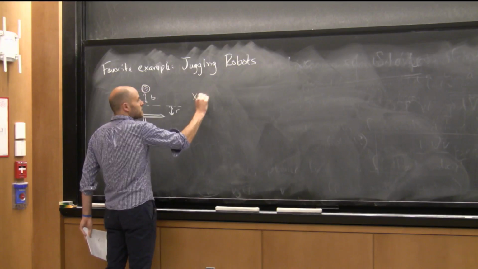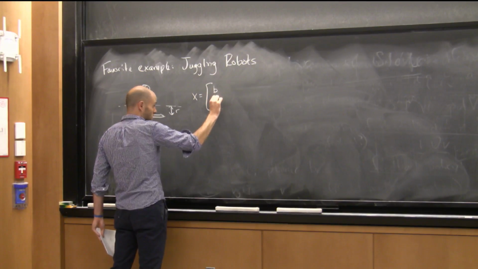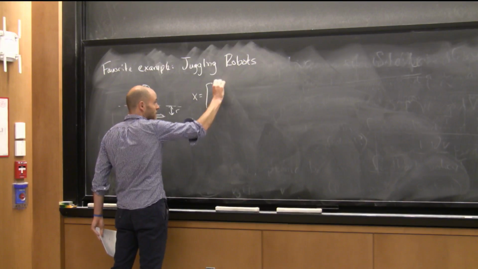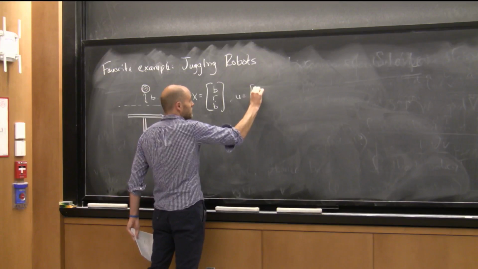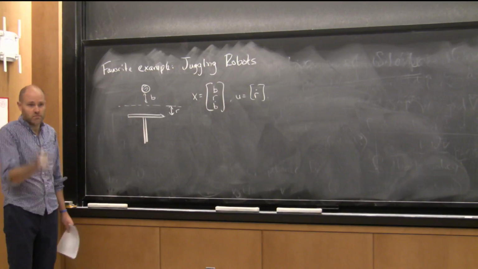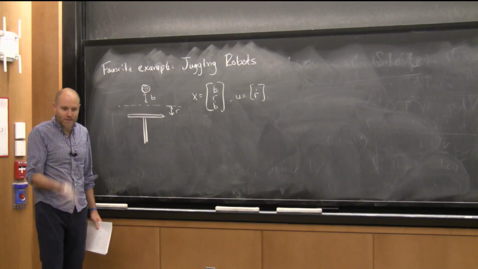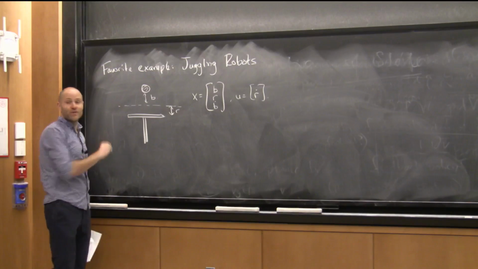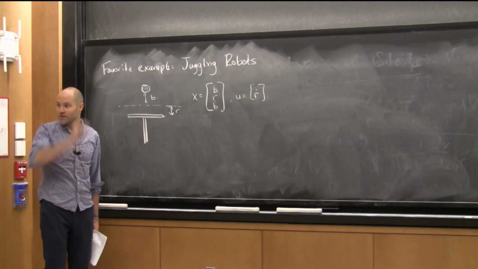So my state space starts off as the ball, the paddle, the ball dot, and I'll assume that I have enough control authority to just command the velocity of the paddle. Got some big robot moving it up and down. And the task, much like hopping in place, the first task you do with juggling is you just try to stabilize a single ball on a periodic solution. Right?